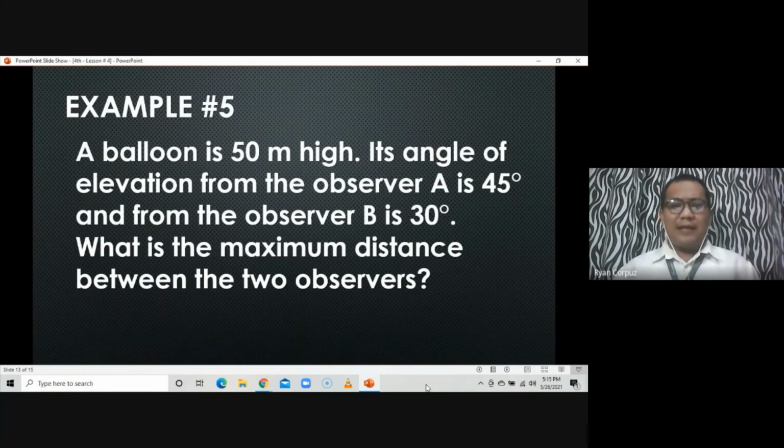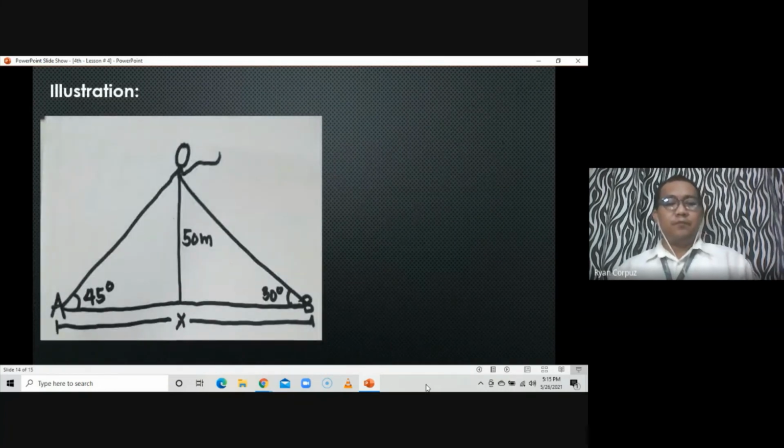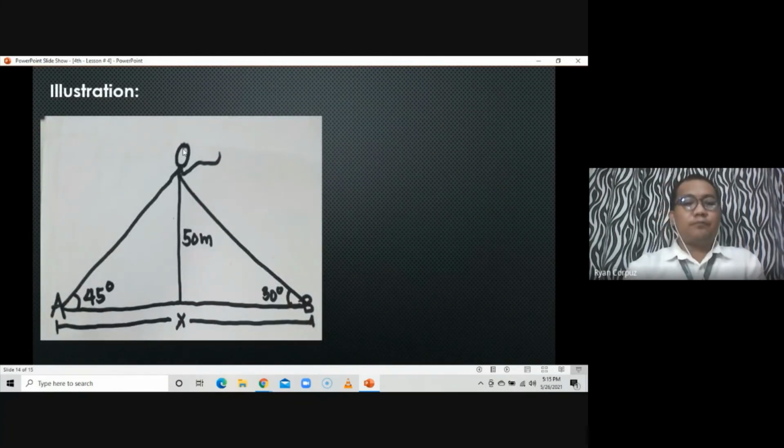To visualize that, let's show it through an illustration. For example, this is the balloon, which is 50 meters high above the ground. Let's say this is the first observer, observer A. When observer A looks at the balloon from the horizontal, he forms an angle of elevation of 45 degrees.